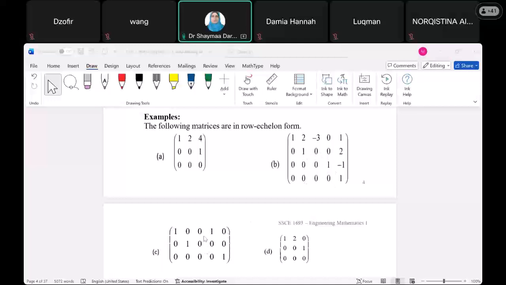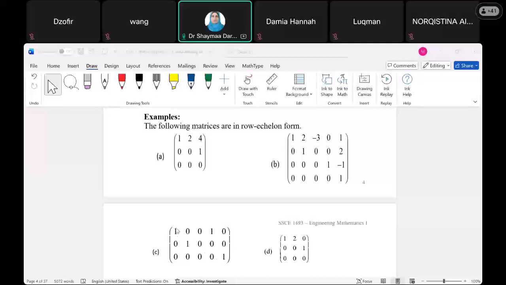But this one, C here, and D, C and D are in row echelon form and also reduced row echelon form. Not only row, but also reduced. Why reduced? Because in a column that has a leading 1, the other entries are 0.